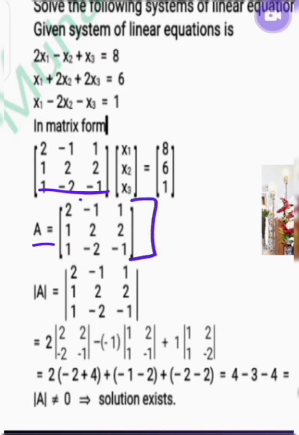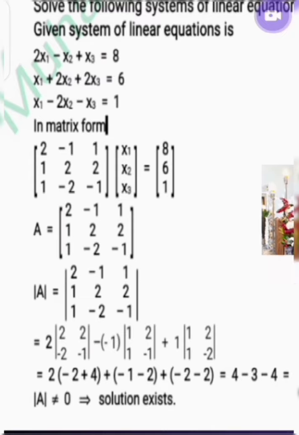The symbol of a matrix is like this, and the symbol of a determinant is like this. As we are going to find the determinant, we have to assign the symbol of determinant. Now, a 3 cross 3 determinant will be solved in this way, I am going to tell you.